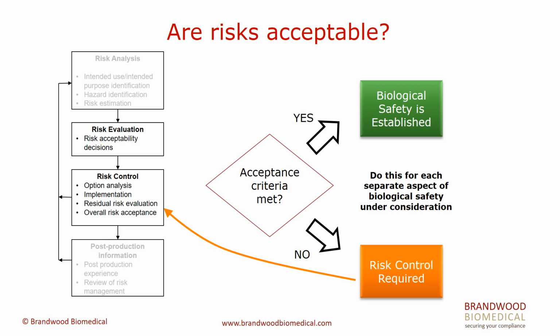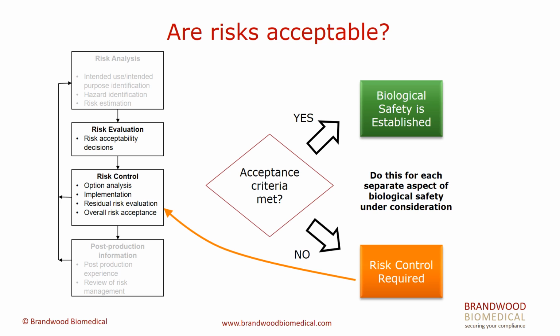So we then ask, are risks acceptable? So we've done the risk evaluation, we've done the analysis from the literature, we've done the chemistry, we've done the supplementary testing, and we ask, have we met our acceptance criteria in terms of safety for the toxicological endpoints of interest? If we have, then biological safety is established.